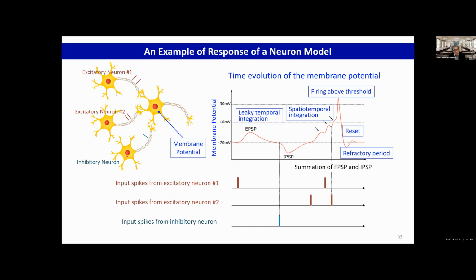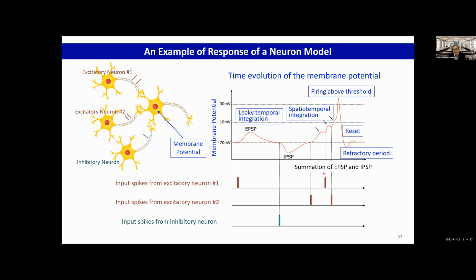in contrast, if this inhibitory neuron sends a spike to here, the membrane potential will decrease to give the IPSP, inhibitory postsynaptic potential, but this goes back to the resting potential like this. This also shows the leaky temporal integration.